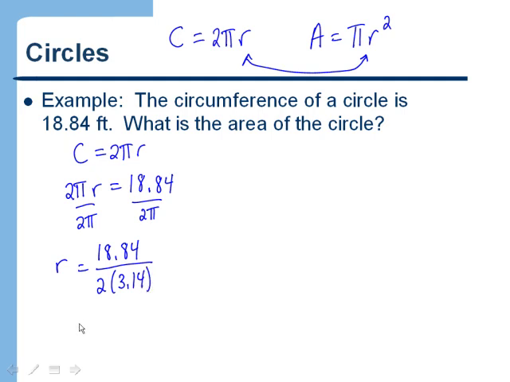And if I do that math, by the way, make sure you always do that multiplication on the bottom first. In other words, what you're doing with your calculator for your final answer is taking 18.84 and dividing by 6.28. And when you do that, you'll find that r is equal to 3 feet.